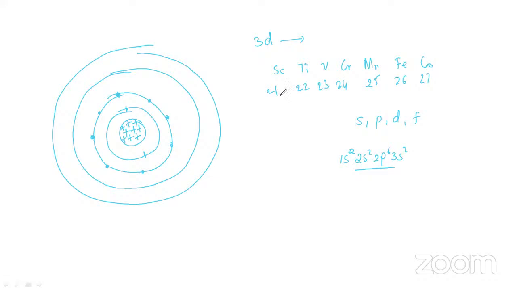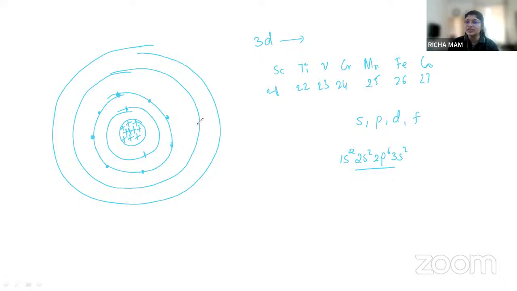Like this, one electron is increasing as you proceed, so one electron is added into the last shell. Now what will happen? What is this shielding effect?